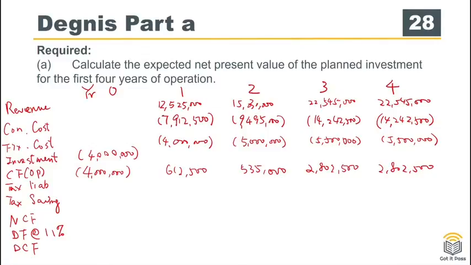The tax liability is 28%, which arises in the year when the profit is generated. So in the first year, it is $171,500.